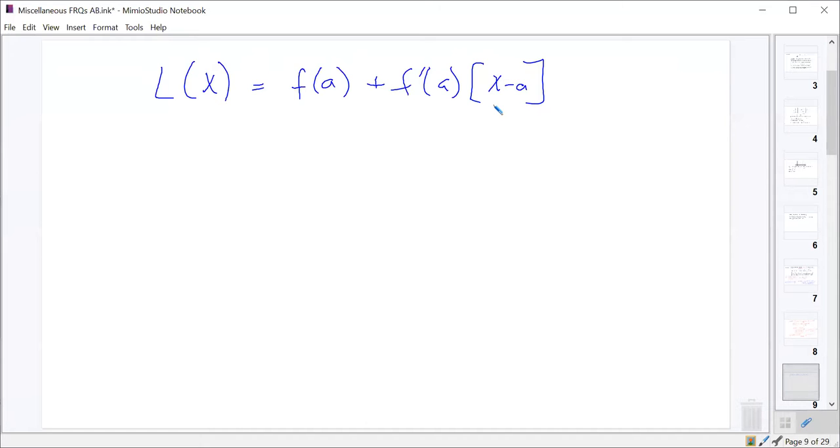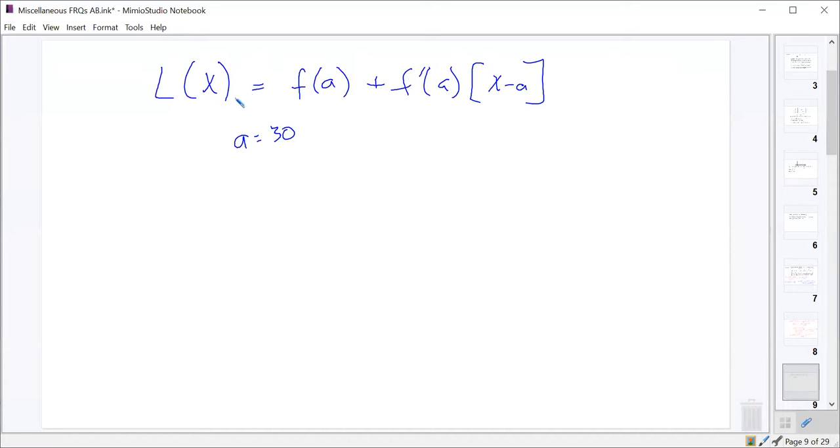That's just from the tangent line equation, hopefully. A is the value we know. In our case, A is going to be 30 because we're using the linear approximation at 30. And we're looking for the time, t, at which this is equal to a half.